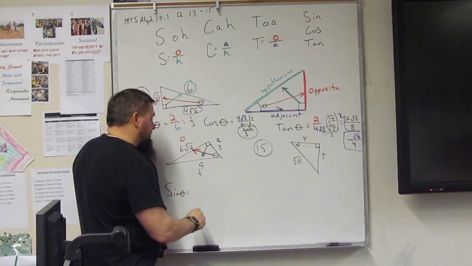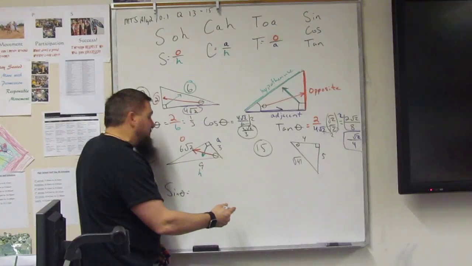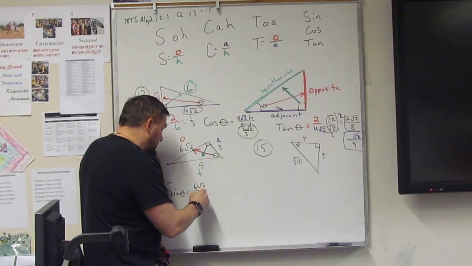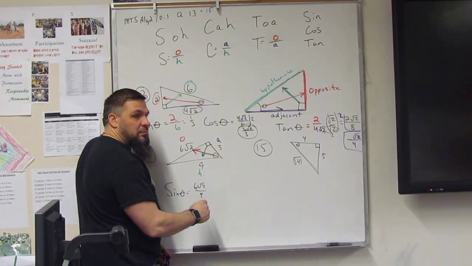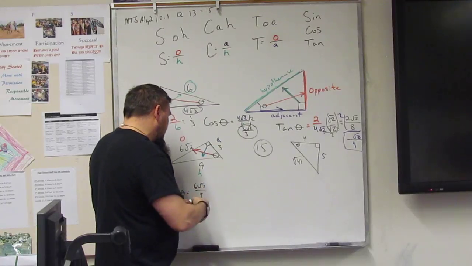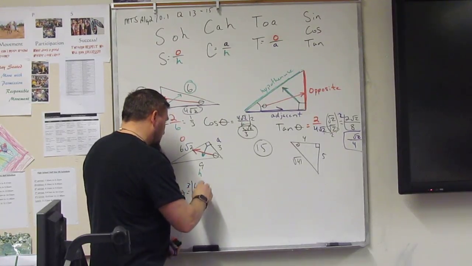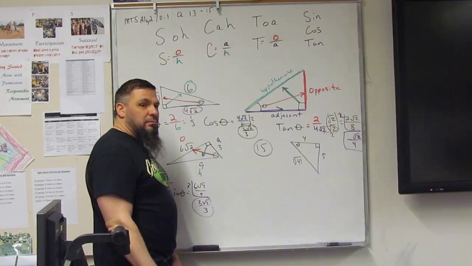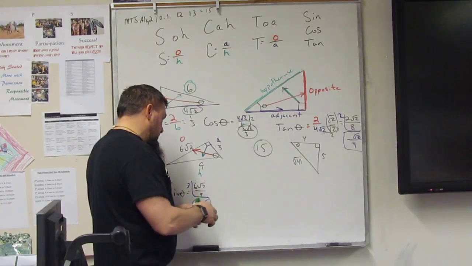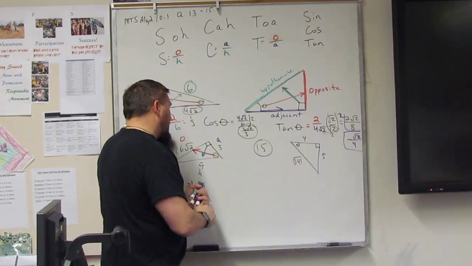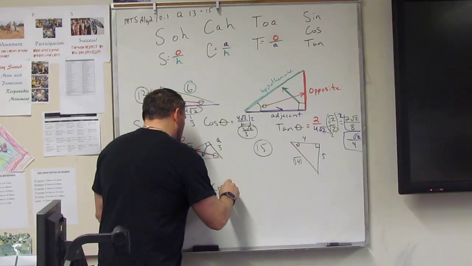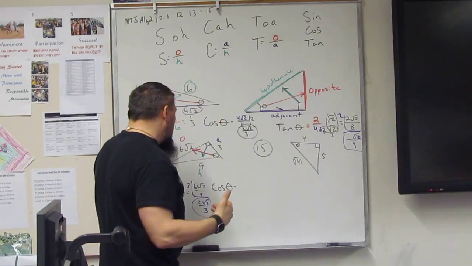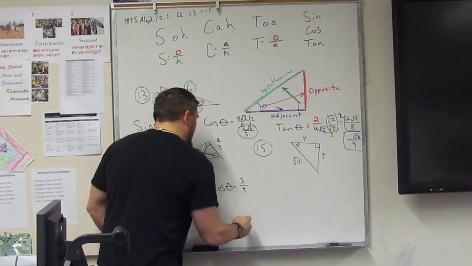I can go as easy as sine theta is equal to opposite, 6 square roots of 2 over H, which is 9. Okay? Then I can break it down by 3. So that'd be 2 square roots of 2 over 3. Done. Then cosine theta is equal to A over H. That'd be 3 over 9.